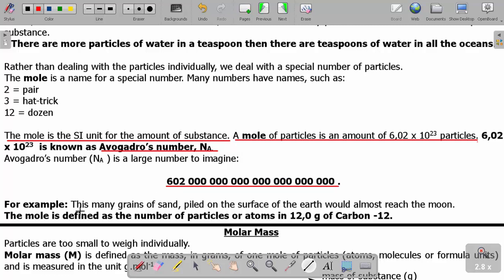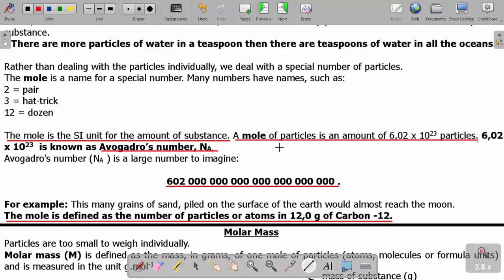For example, this many grains of sand piled on the surface of the earth would almost reach the moon. So the mole is defined as the number of particles or atoms in 12 grams of carbon-12. Okay, so you can also say that the mole is defined as the number of particles, or atoms, in 12 grams of carbon-12. Are we together? That was the mole.